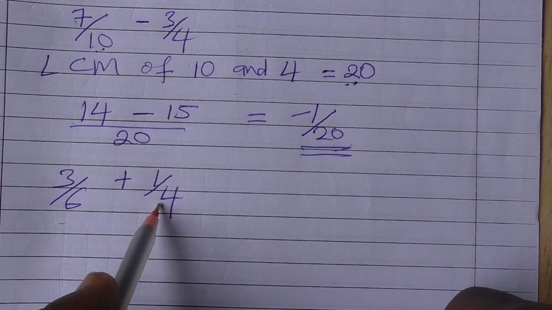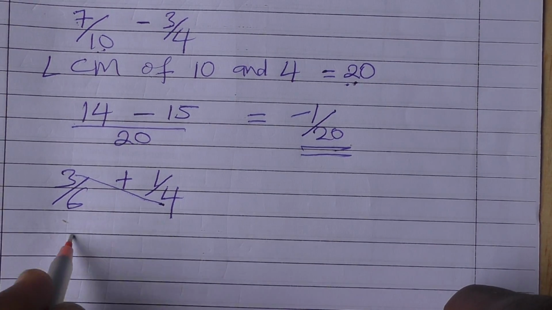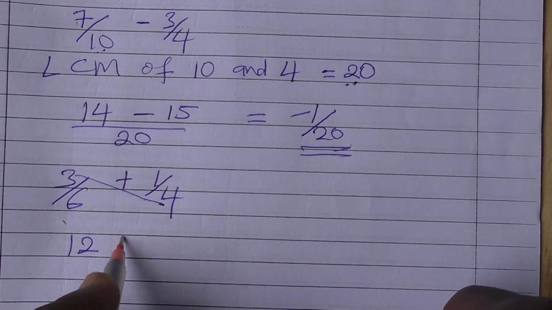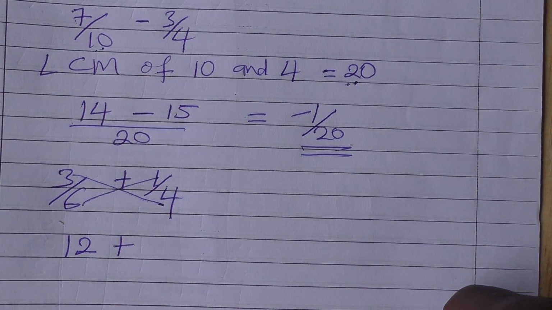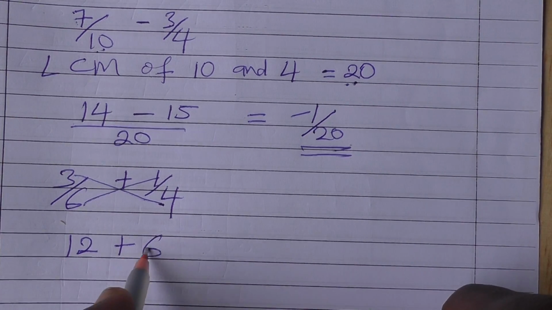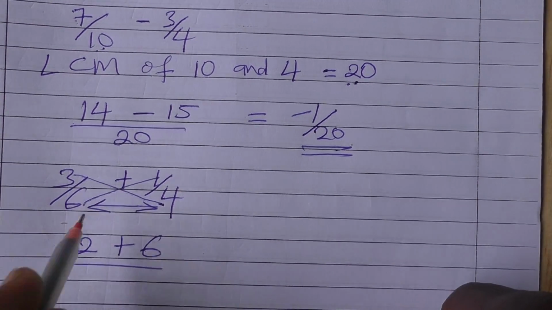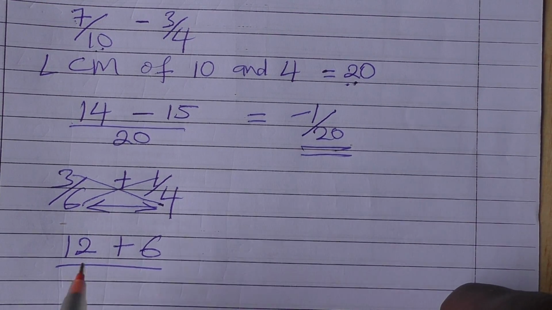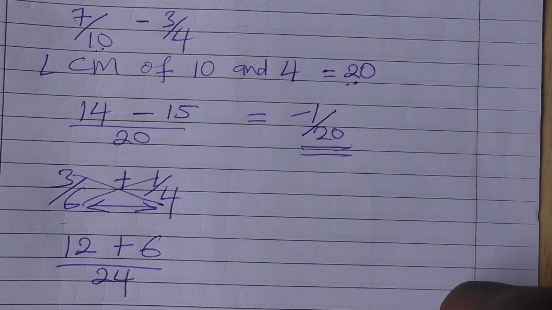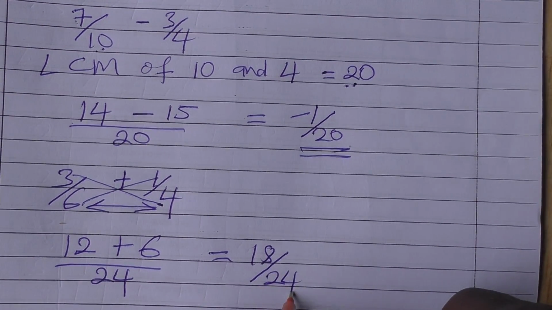I'll cross multiply 3 times 4 to give me 12 plus 6 times 1 to give me 6 over 6 times 4 to give me 24. So that is 18 over 24.